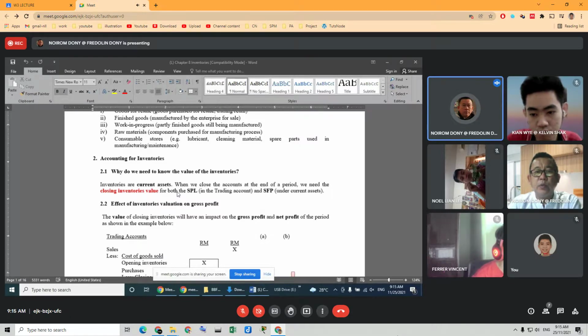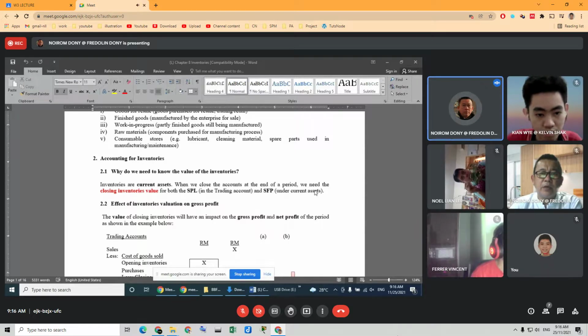So when we close the account at the end of the period, we need the closing inventory value. Why? For both, not only for the statement of profit or loss, that is to calculate the profit, but it is also needed in the statement of financial position, which we have to present under current asset of the financial position of the business.